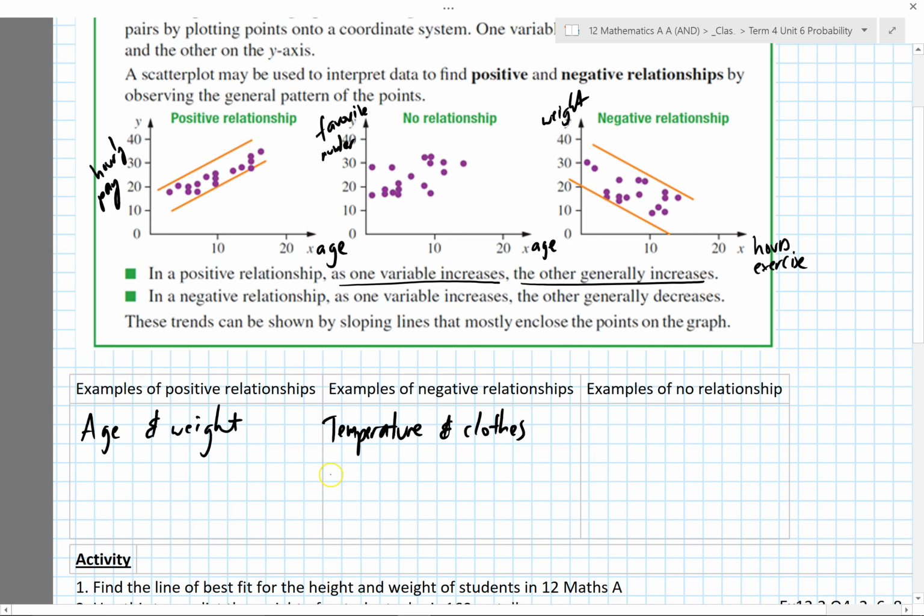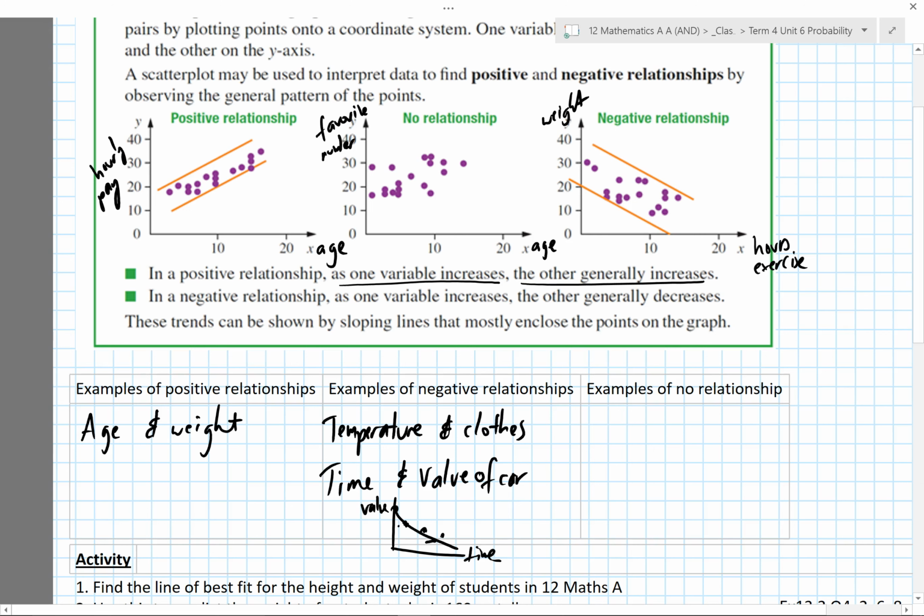We might think of things like time and value of a car, for example, where if I put the value of the car on the y-axis and time on the x-axis, the value's generally going to decrease. We could just be plotting the market value of the car and finding a relationship between them.